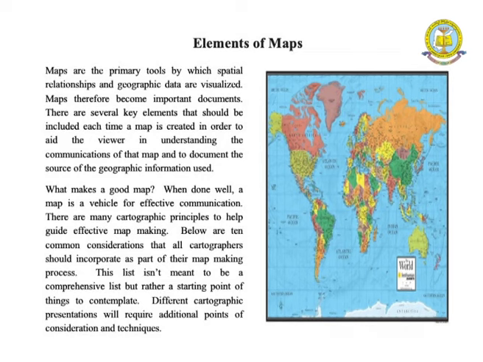So, as I said, recapitulating from the previous session, the elements of maps. A map essentially comprises a scale, a direction and a legend. These three are the basic components of a map. Every map, when you use it, shows the direction of where the north is.